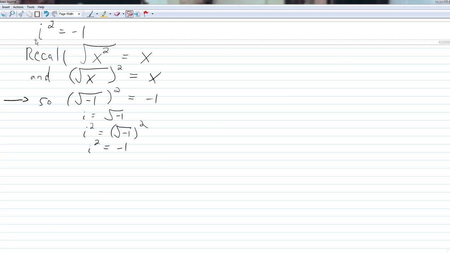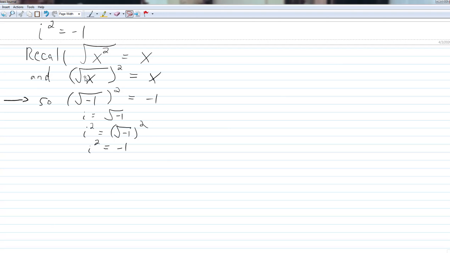So there is another property of imaginary numbers, which is that i squared is equal to -1. So how does this work? Well, recall that the square root of x, squared, would be equal to x.